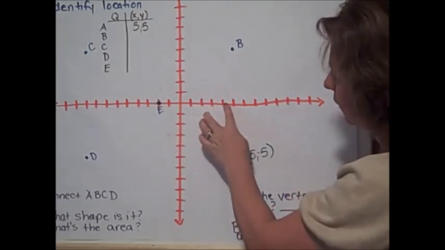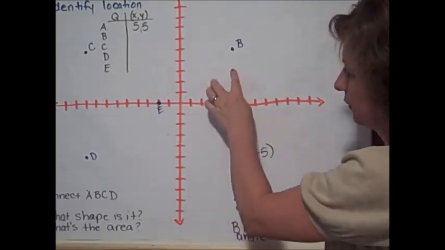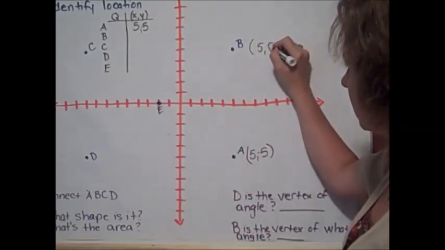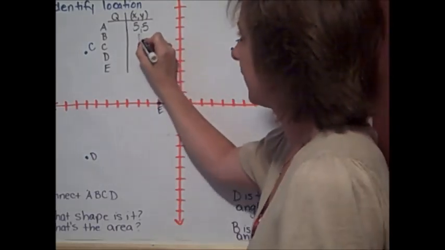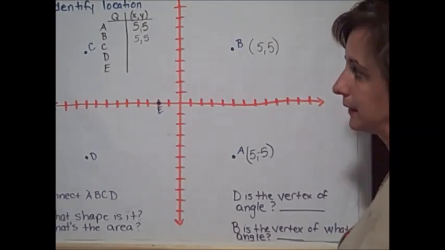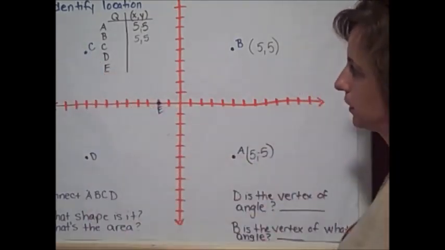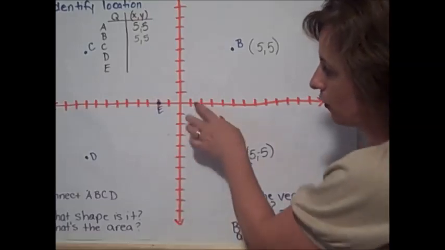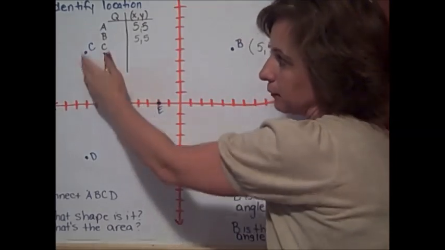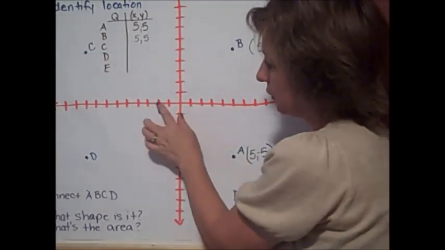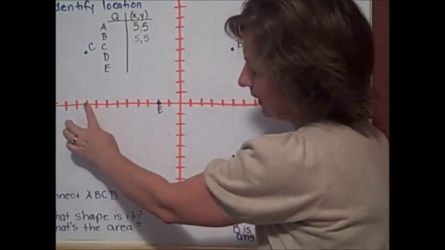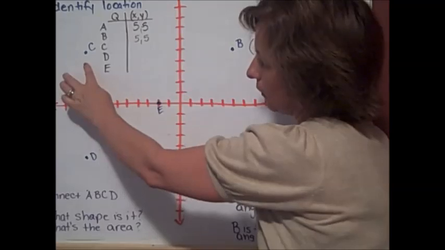Let's try B. 1, 2, 3, 4, 5. 1, 2, 3, 4, 5. So B is at 5, 5, which is my x point and my y point. Point C is over here in the middle of our question, but we're going to identify it the same way by going across and then up, by crawling before we stand. 1, 2, 3, 4, 5, 6, 7, 8, 9. 1, 2, 3, 4, 5.